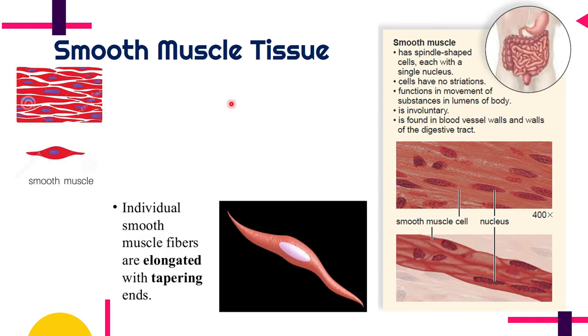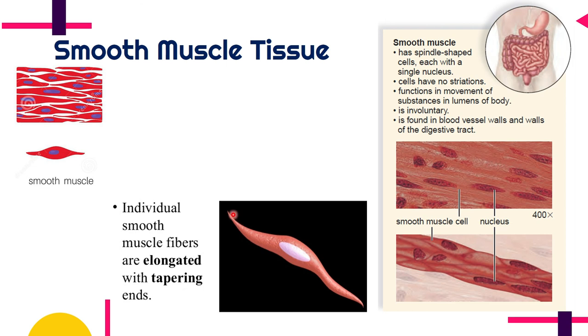Next type of muscle tissue, we have the smooth muscle tissue. The smooth muscle tissue is composed of these muscle tissue cells. Its characteristics are different from the cardiac muscle. Its structure is what we call spindle shape, or others would say it is elongated with tapering ends.